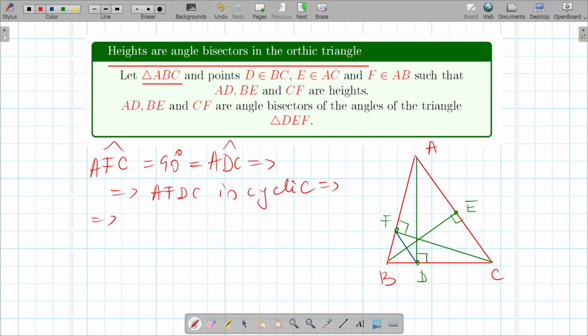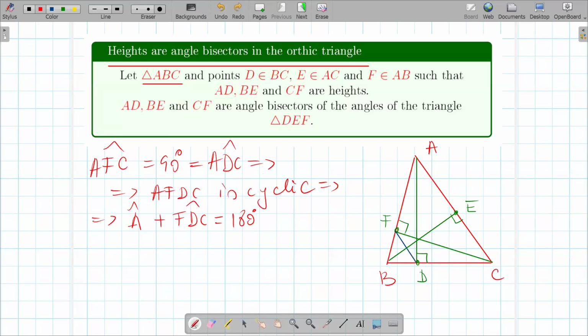So I'm just going to say A as the angle in triangle ABC plus the angle FDC is 180 degrees. Let me highlight the angle FDC one more time so we see it. All right, so this angle right here plus angle A is 180 degrees.